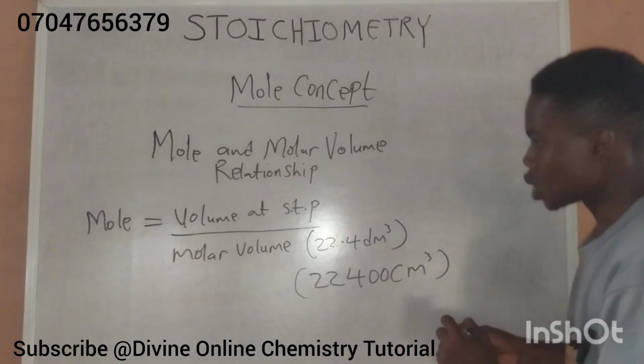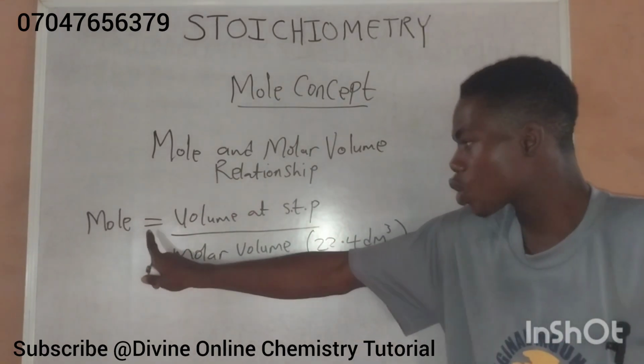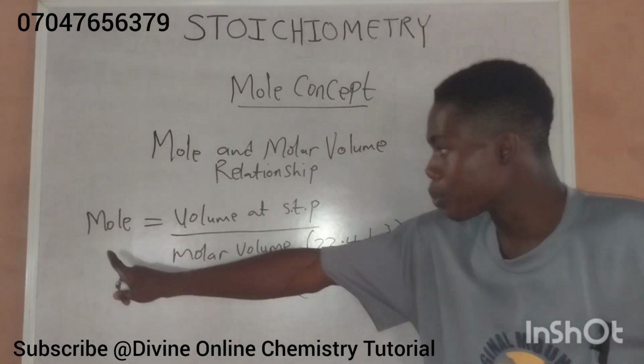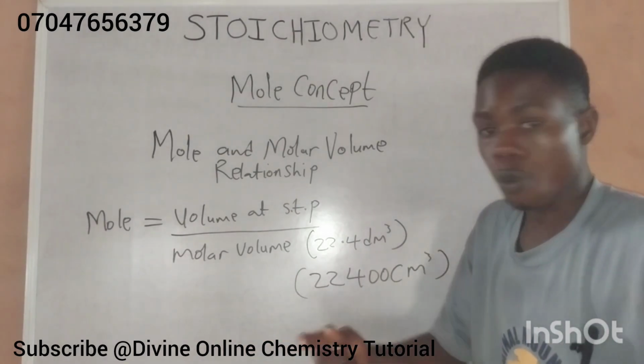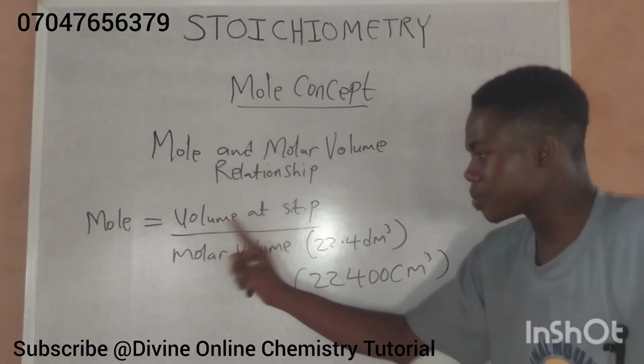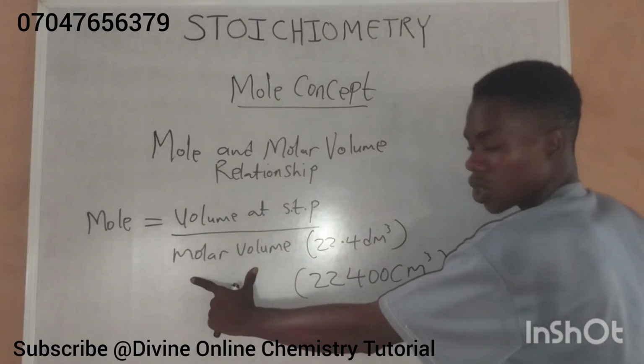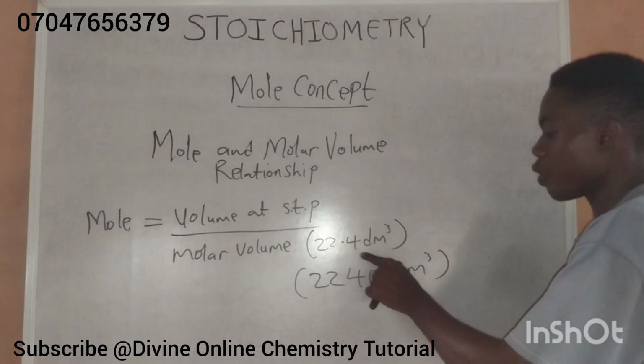So please take note of this. Under mole and molar volume relationship, we have mole equal to, like I said earlier on, you can call it mole or number of mole, whichever one you want to use is still correct. So mole equal to volume at STP divided by molar volume, and this molar volume has a value which happens to be 22.4 dm cube.